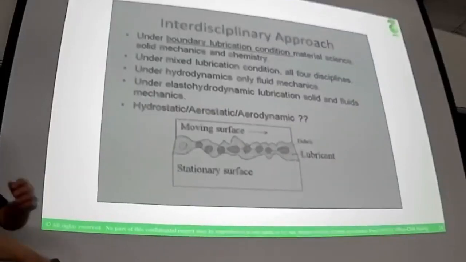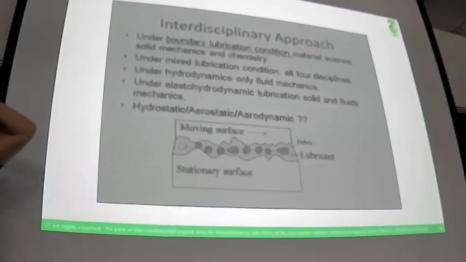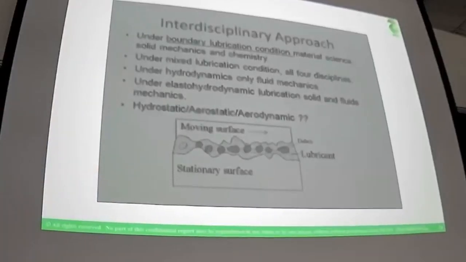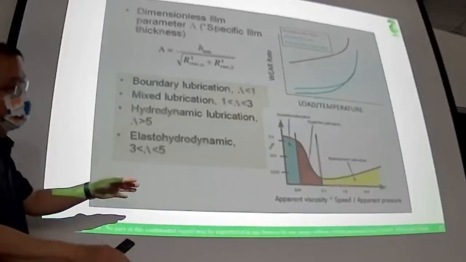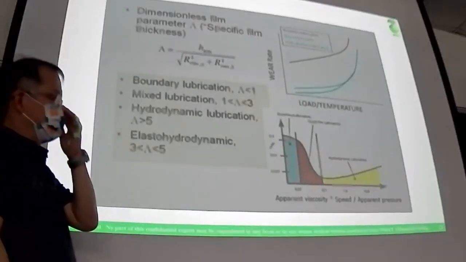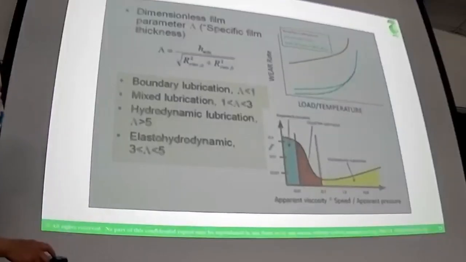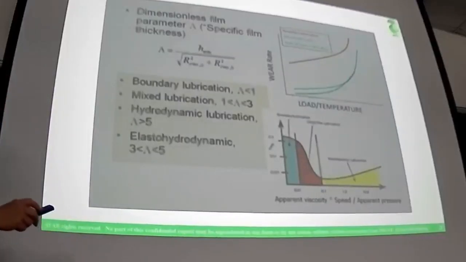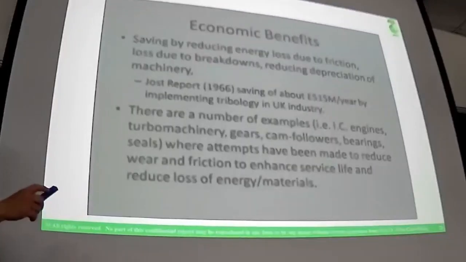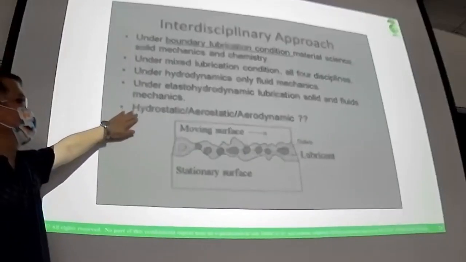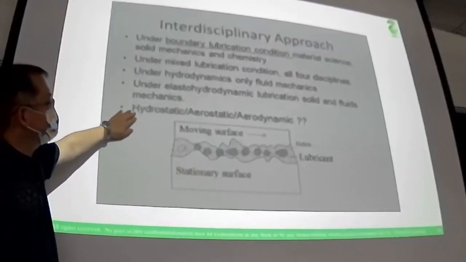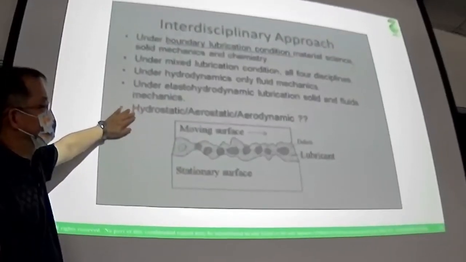So for the specific film thickness, if the lambda value is big enough, it separates the two contacting surfaces without any physical contact. In this case, we call it aerostatic or hydrostatic lubrication.